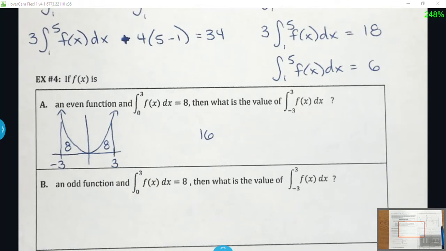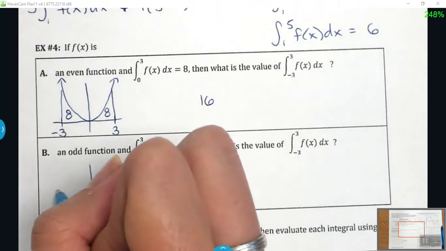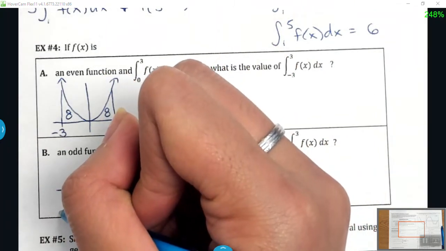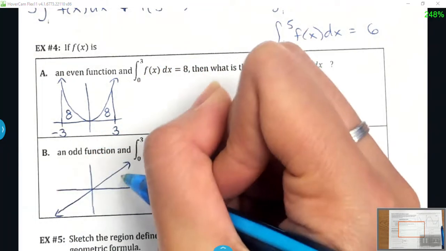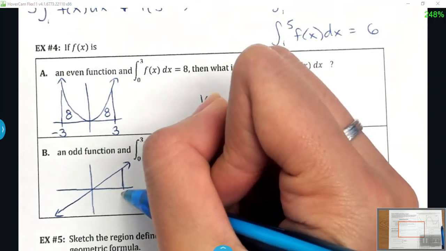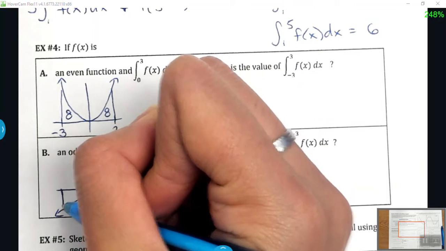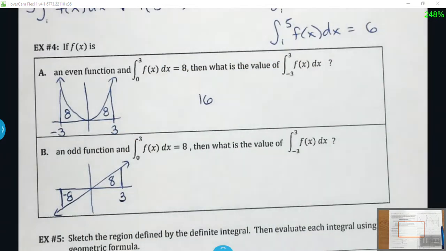What do you think an odd function's going to do? 0. Yes, because odd functions, give me an example of an odd function. X cubed. Let's just do y equals x. So the area from 0 to 3 is 8, and the area from -3 to 3, this is a -8, would be 0.